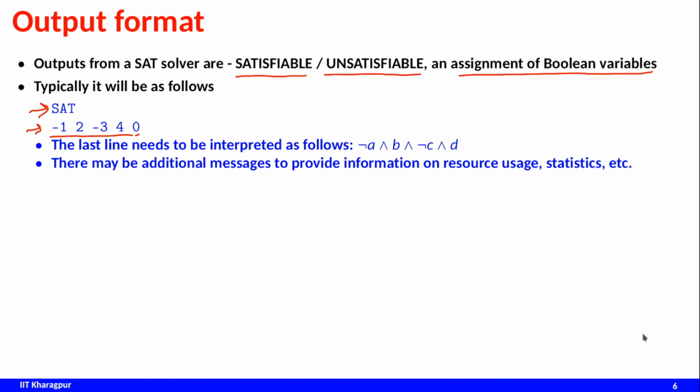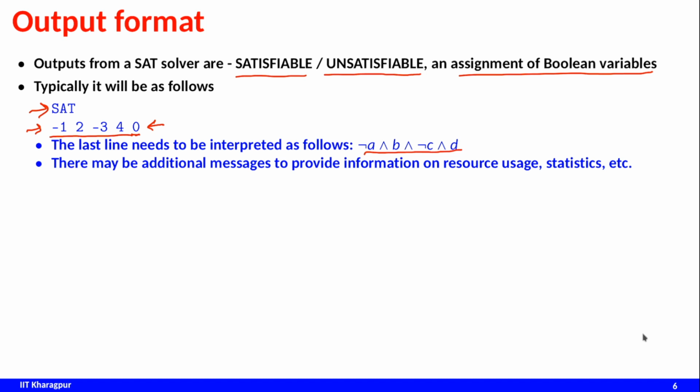One of the important things to note is that the final solution shown here should be interpreted in this manner. Earlier, when we were specifying the clause, these literals were connected through logical or, but now they are connected through logical and, because this is an assignment.